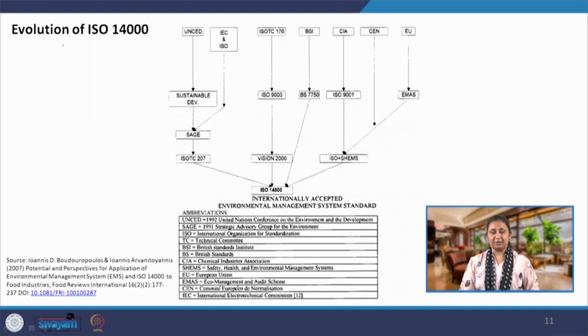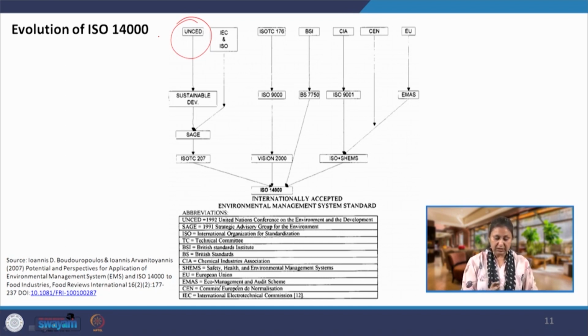If we look at the evolution of the 14000 series, there are a lot of parties. UNCED 1992, which is also known as the Earth Summit, was a party and also significantly responsible for the development of ISO 14000.